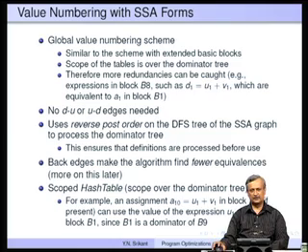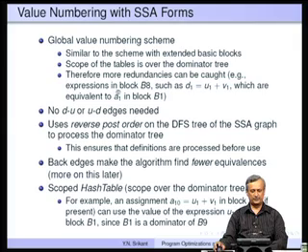Now, then we saw value numbering with extended basic blocks. And that actually found a few more common sub expressions and did a few more copy propagations, etc. The reason was the scope of the expressions and so on were extended.